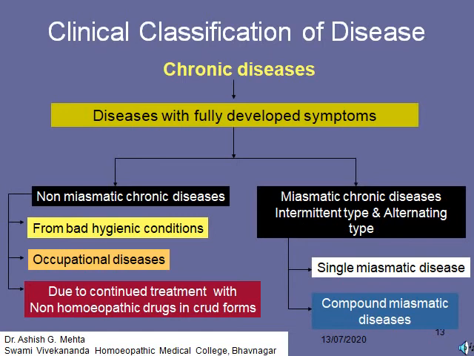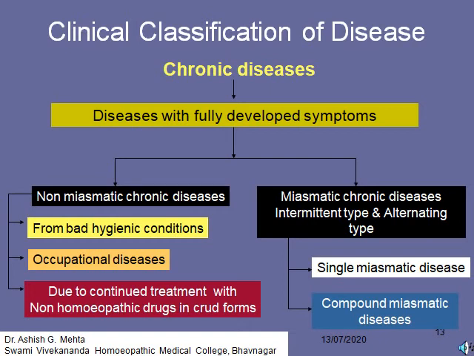Now we have come to the diseases which manifest themselves through fully developed symptoms or symptomatology. These diseases can be divided into two main categories: the non-miasmatic chronic disease and the miasmatic chronic disease.